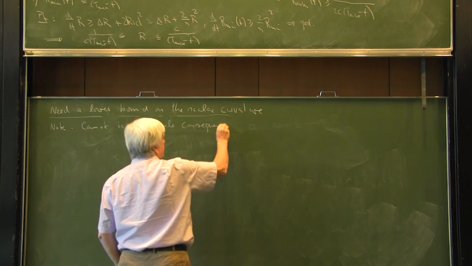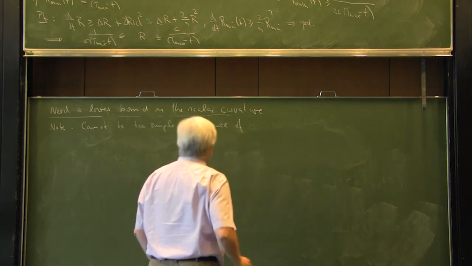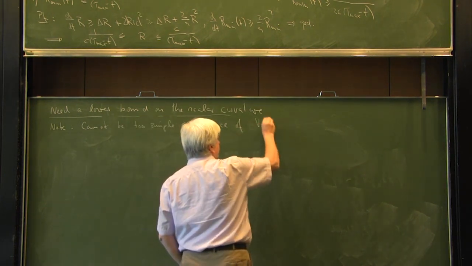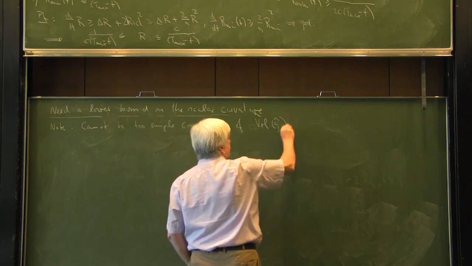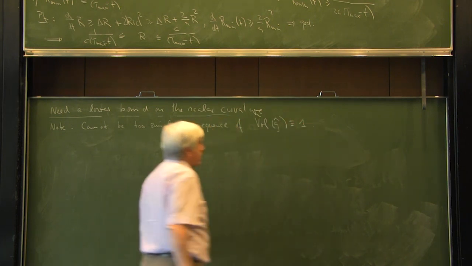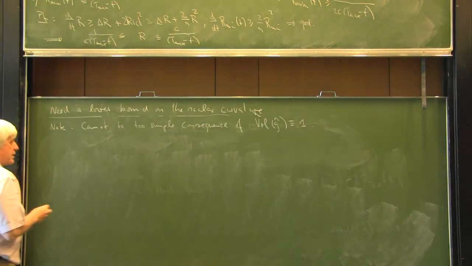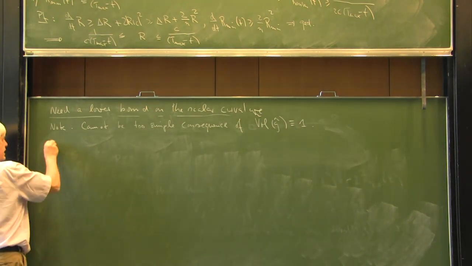Consequence of the fact that the volume of G tilde is equal to 1. Notice the two following behaviors, so examples.